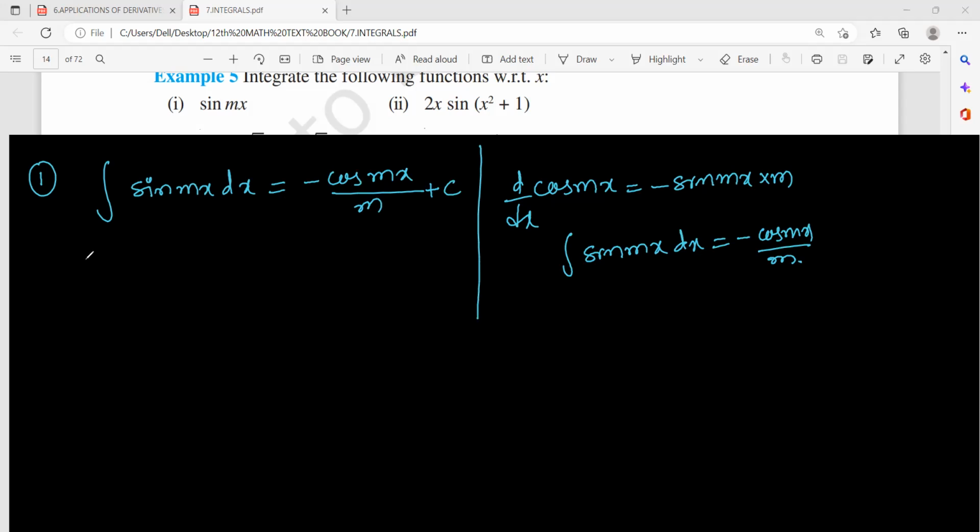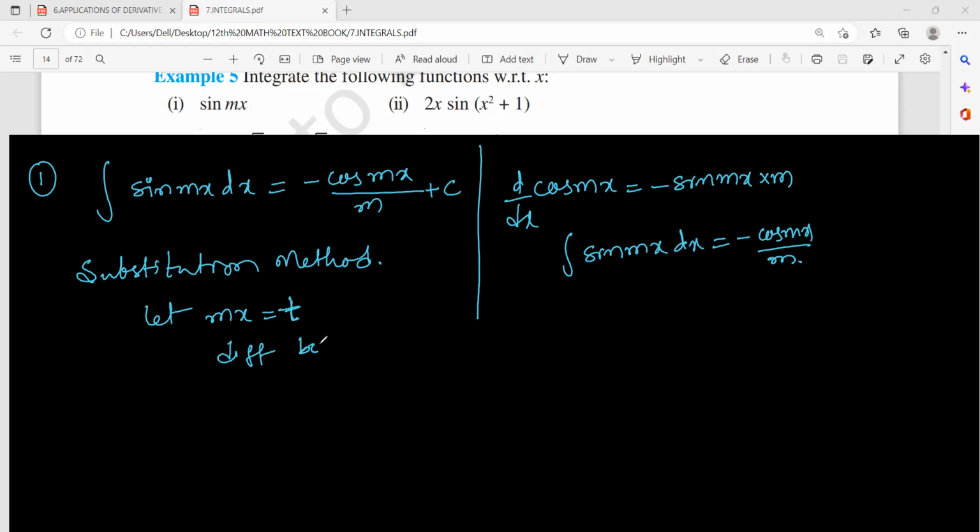But now we do it by the substitution method. How do we use the substitution method to find the same thing? First let us take mx as some t. Now differentiate on both sides. m into 1 equals dt by dx.